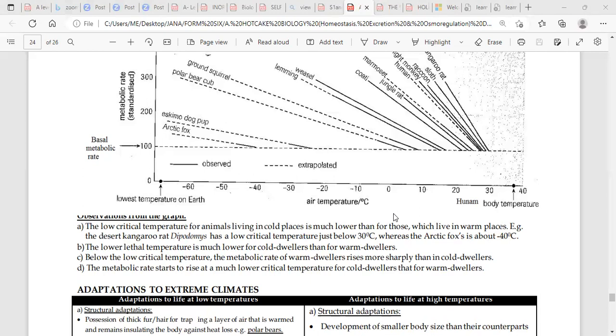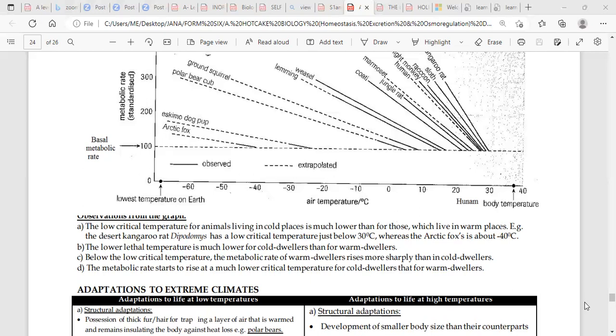We said the lower critical temperature is that temperature where the physical mechanisms fail, and the animal resorts to metabolic reactions that bring about a rise in temperature.